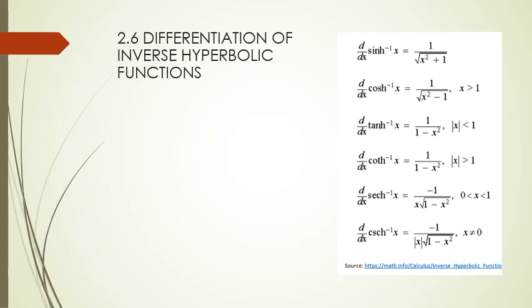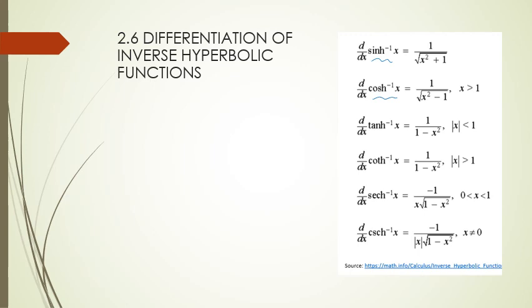Next, we go to differentiation of inverse hyperbolic functions. In the table, if we differentiate sine hyperbolic inverse x, we get 1 over square root of x squared plus 1. Differentiate cos hyperbolic inverse x, we get 1 over square root of x squared minus 1.